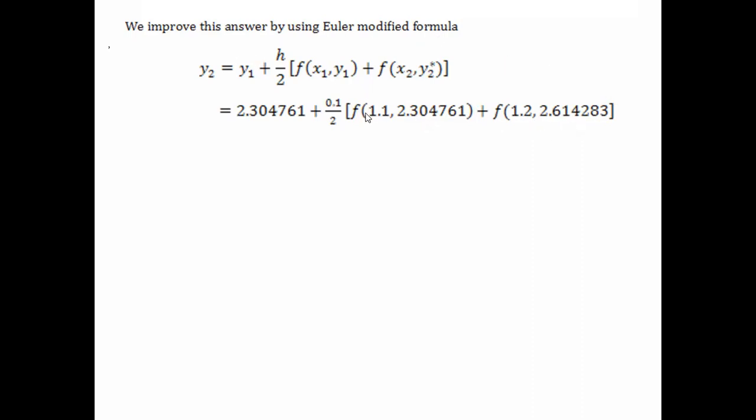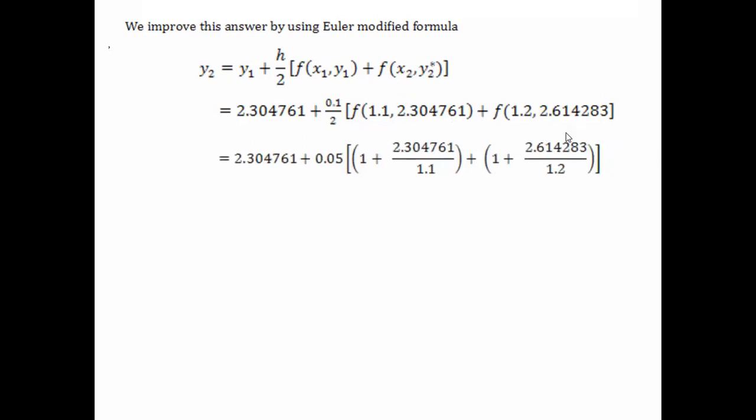Substitute. Now f of x comma y, how do you define it? It is 1 plus y by x. Here also, f of x comma y is defined by 1 plus y by x. Now a simple calculation, using a calculator: simplify this, and you may see that y2 is equal to 2.61845.